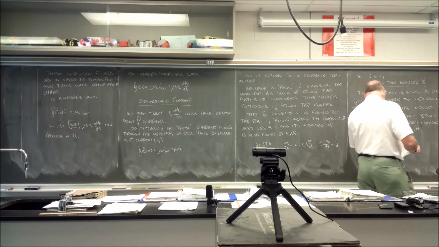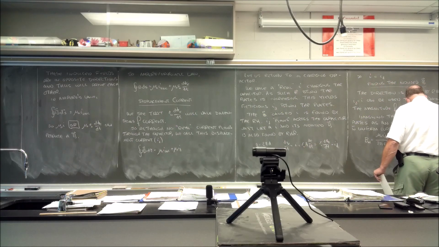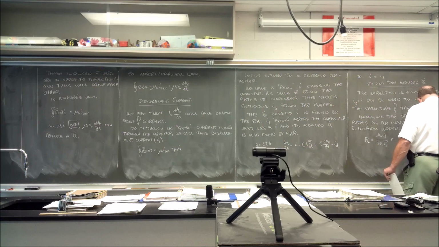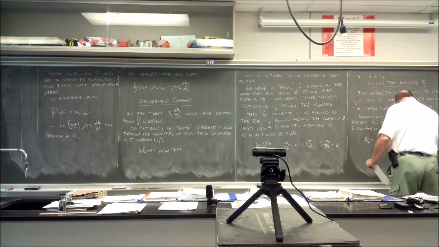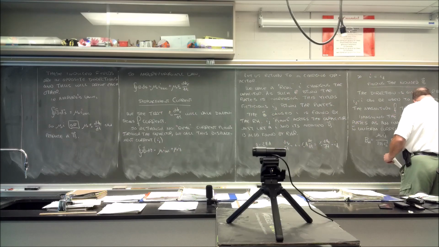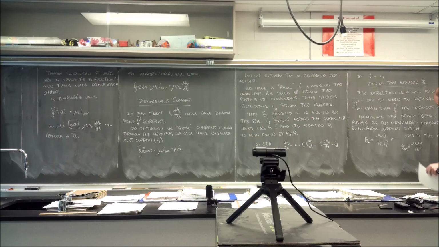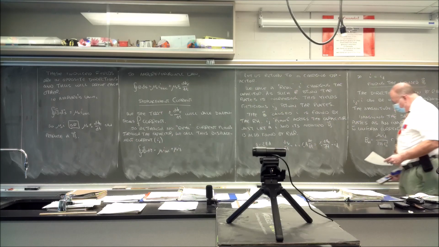So this would be the field inside, depending on where you wanted to choose it. Outside the capacitor, we have just the same equation, B out is equal to mu naught I sub D divided by 2 pi r, where r is the distance away. Now, I think I'm going to stop there.